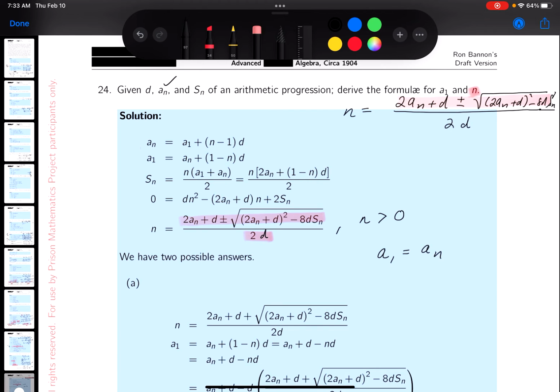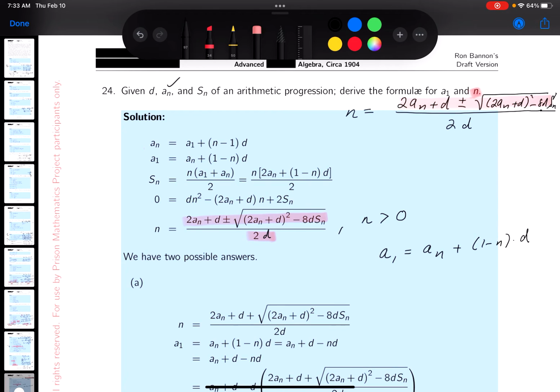Well, I know AN. That's not a problem. Plus 1 minus N times the D. Well, I know everything, and I'll write this down for you now.